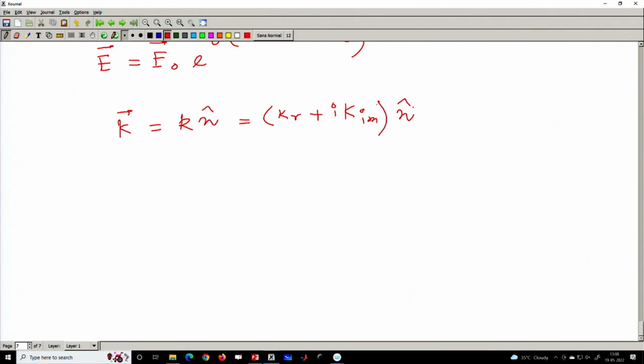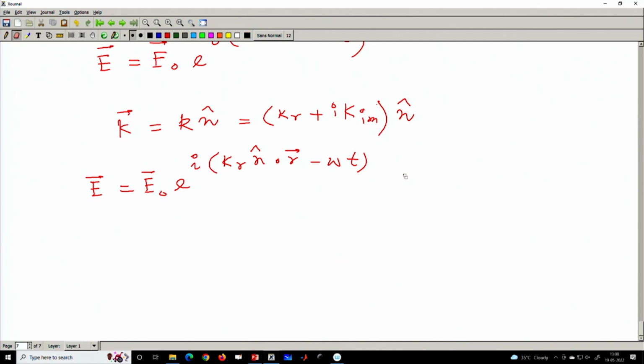So, if I put it in the solution, one can readily find that E vector is simply E0 e to the power of i (k real unit vector n dot r minus omega t), that is a sinusoidal kind of term, but we have an exponential term as well.